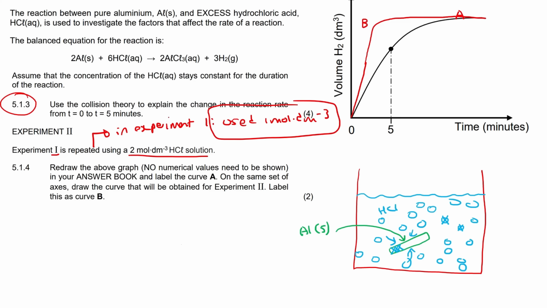That is because we must remember that the hydrochloric acid is the excess. So by adding more HCl, you're not going to be able to produce more product. Your product at the end is still going to be the same because that is limited by how much aluminium we have, because the aluminium is the limiting reagent.